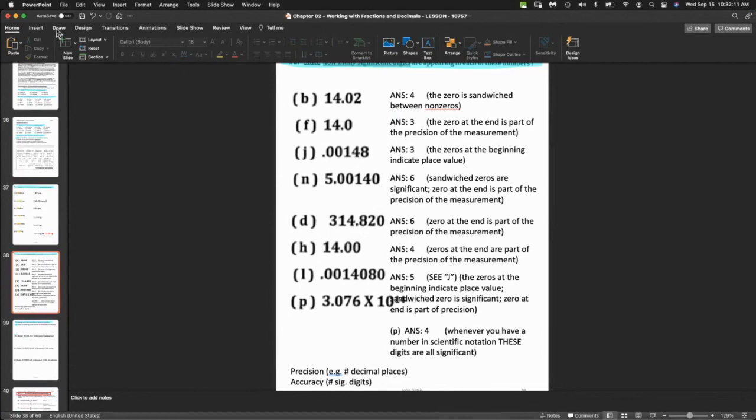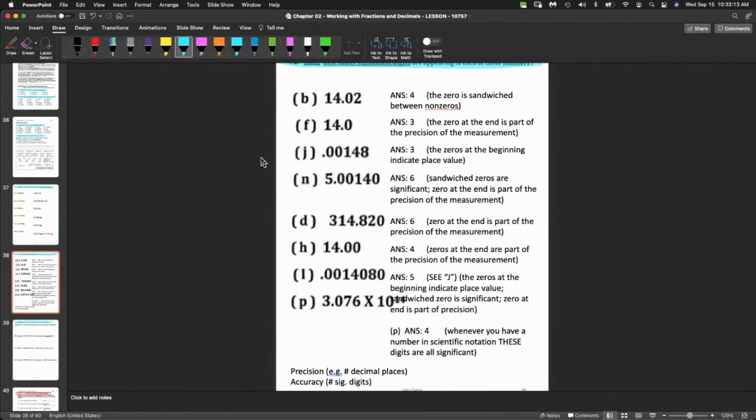Whenever you have a number in scientific notation, what I mean by these digits, I mean these numbers here. Any digits that you have in the front in scientific notation, so all these guys here, they are all significant. Doesn't matter if there's 2 digits, 1 digit, 10 digits, I don't care. Doesn't matter how many zeros are there. Everything's significant when it's written in scientific notation.